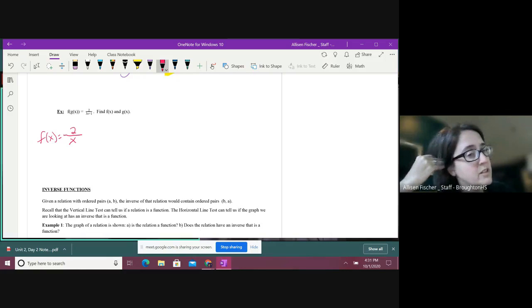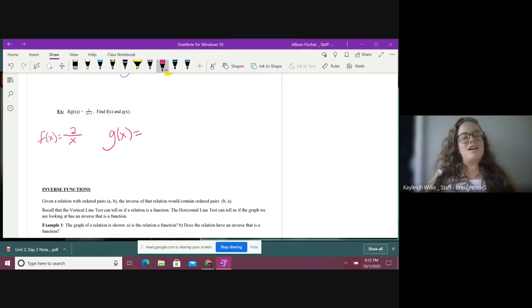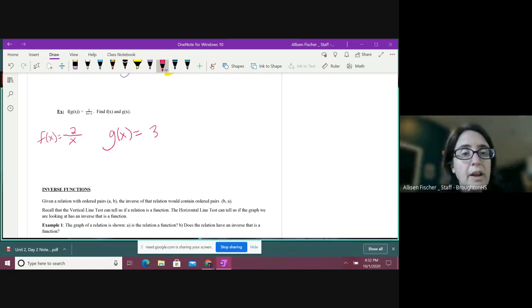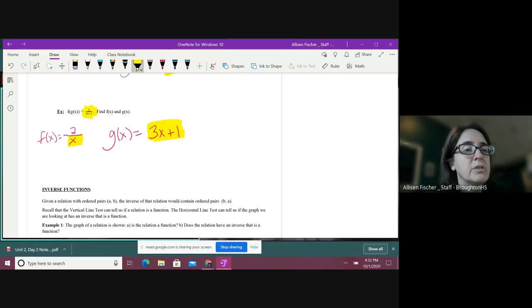So I'm going to leave that as 2 over x, and then think about what would have been the input into this to change it to 2 over 3x plus 1. So what would have been the input? 3x plus 1. Oh my gosh, you're a genius. So again, this 3x plus 1 would have been put as the input right here to create this result.